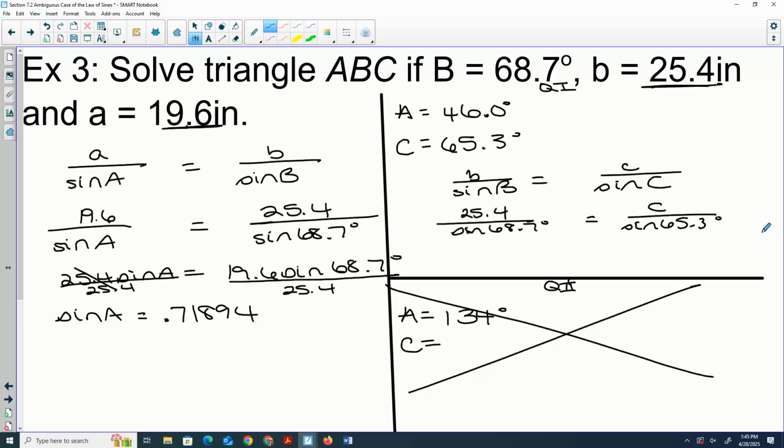So if we multiply that over, side C is 24.8 inches.